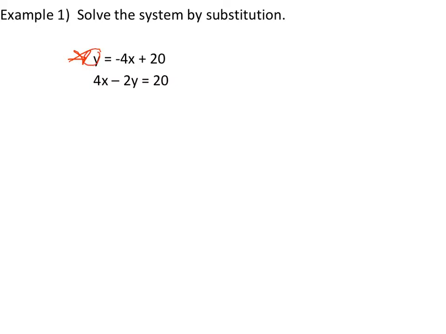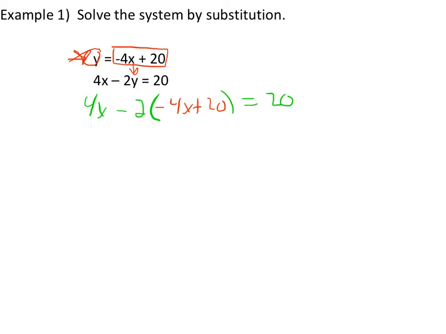It's solved for y, which means we will take what y is equal to and substitute into the second equation for y, which gives us 4x minus 2 times, now remember our y is going to be changed to negative 4x plus 20. And that is the substitution part that we're talking about. And then we have one equation now with all x's.